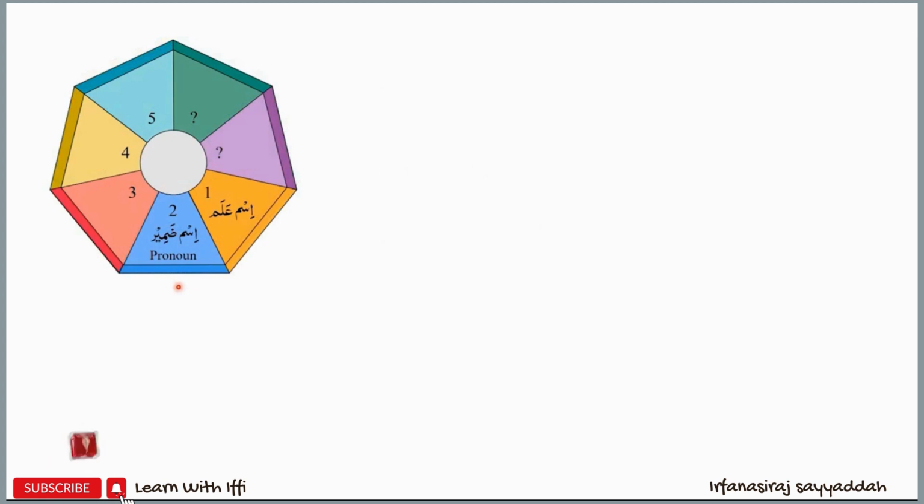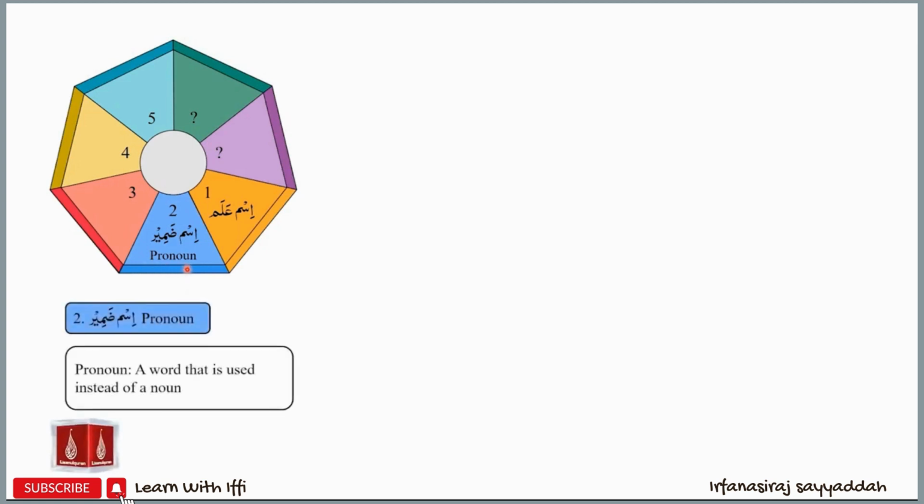The second type of ism that will be included in definite ism or marifa ism category is called Ism Zamir. Ism Zamir also means pronoun. A pronoun is a word that is used instead of a noun.